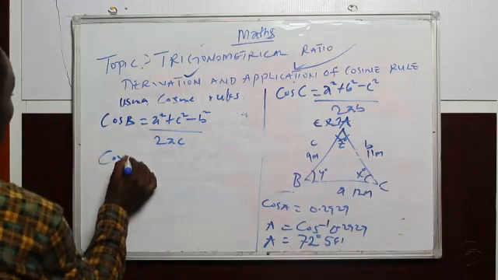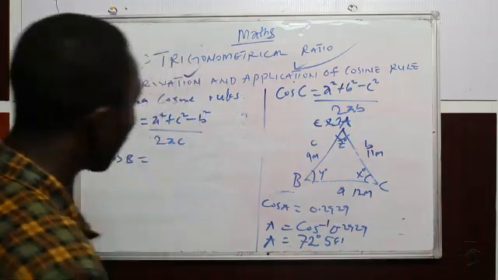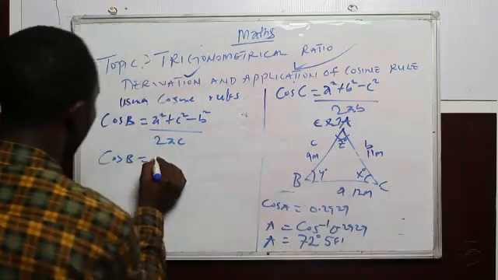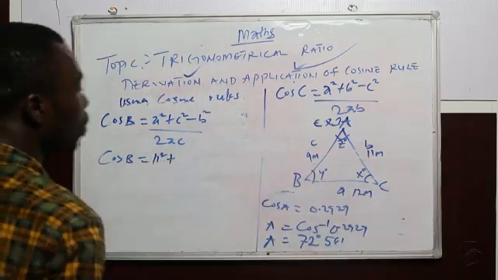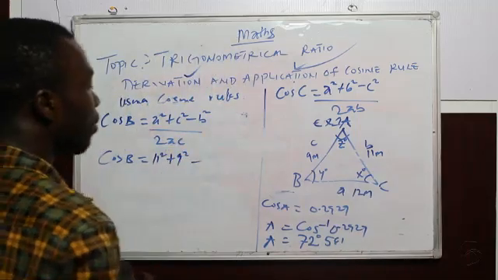Cos B is equal to, what is our A squared? Our A is 12, squared, plus what is our C? Our C is 9 squared, minus what is our B?